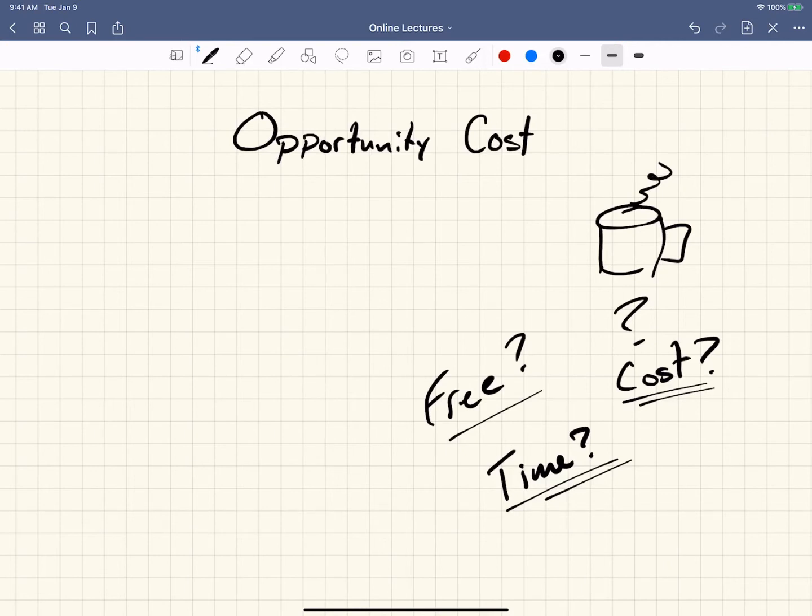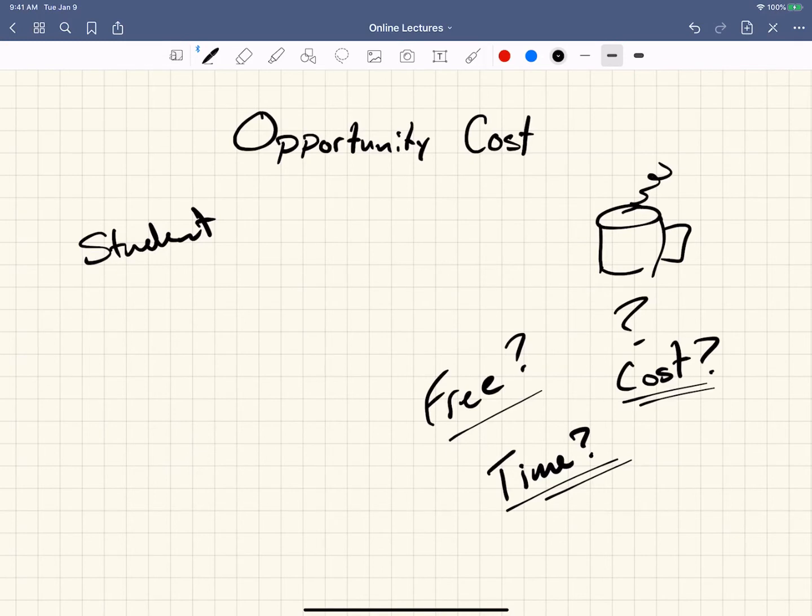This is a classic and perfect example of opportunity cost, because the cost of that coffee, even though it's free, is different. There is more. It's costing you time to sit there. What would you have been doing? If you're a student, then maybe you would study, right?